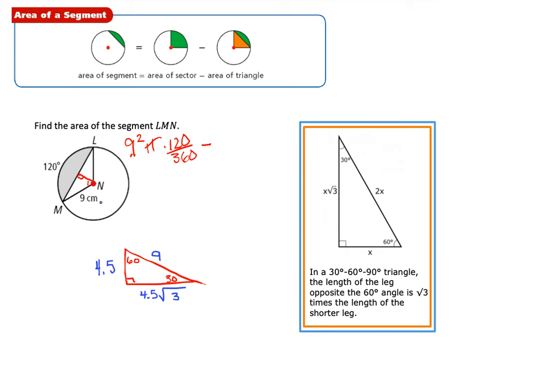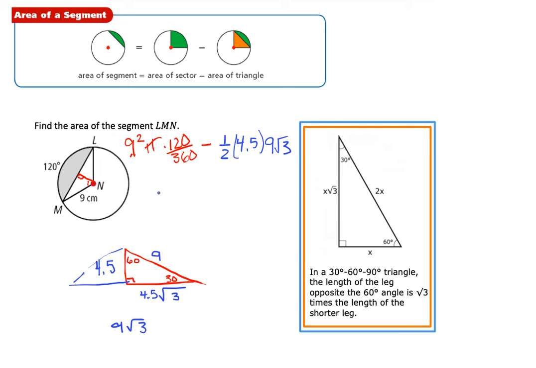So we know this half for the full triangle. If I were to fill in the full triangle, my height stays the same at 4.5. So 1/2 times my height of 4.5. And my base, I have 2 of these 4.5 square root 3's. So I actually have 9 square root of 3 for my full base. So I'm going to multiply that in there.